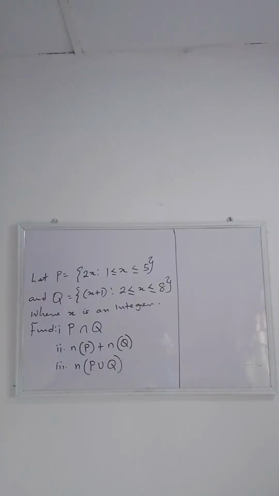Let's wait for others. List members of set Q and set P. All right. Okay, Uber has given his own. We have P to be the set of 1, 2, 3, 4, 5. Okay.